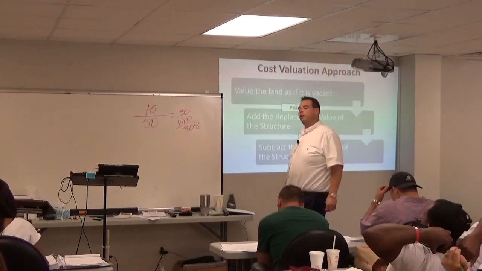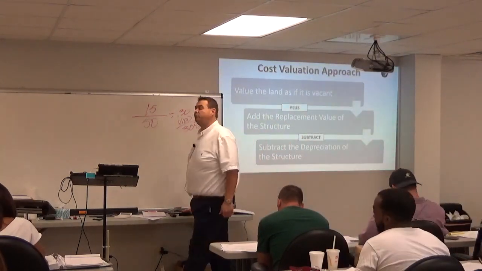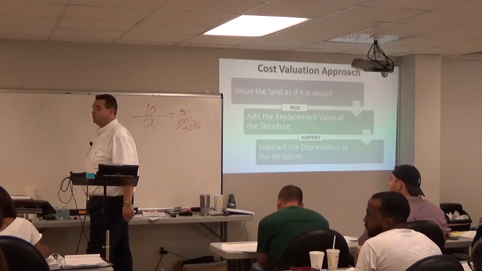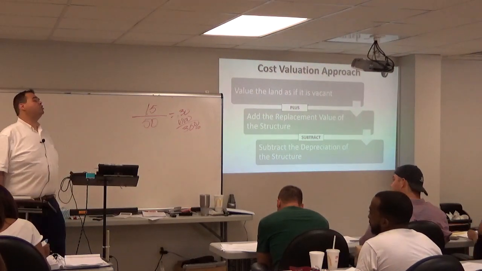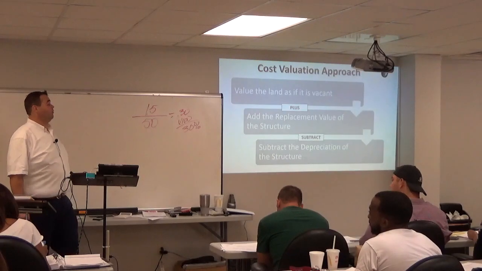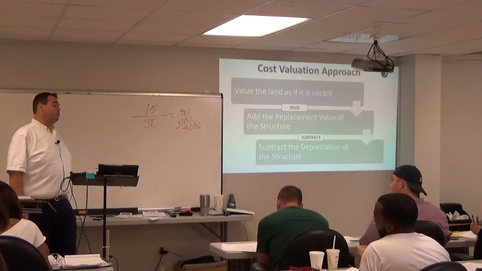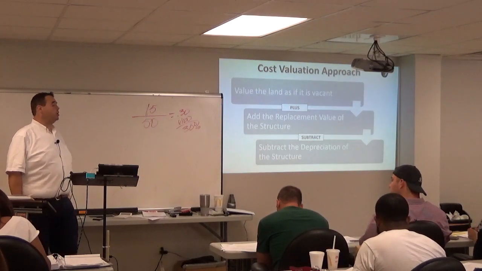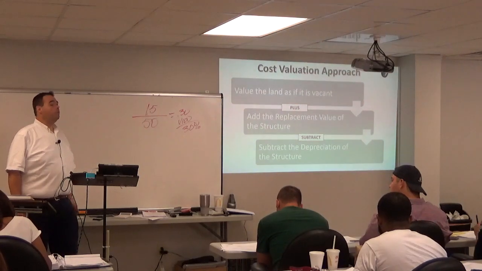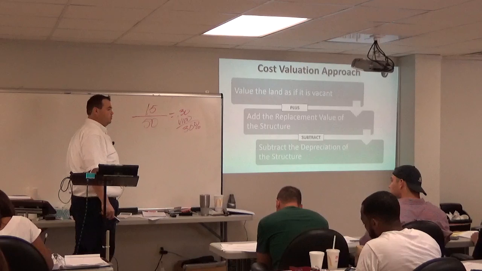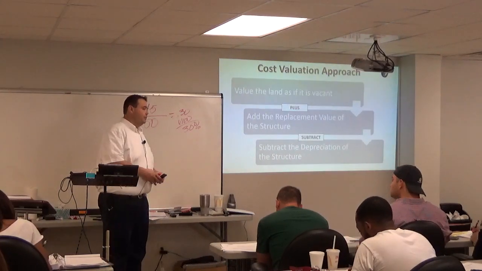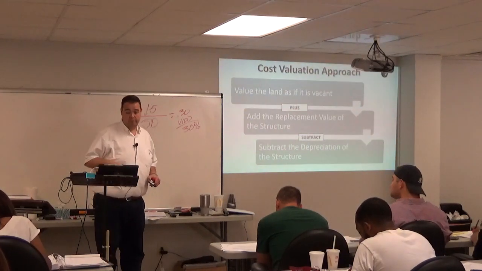You need to make sure you have those 3 steps, because if you have those 3 steps, you absolutely can't get this math question wrong. The math is going to be super simple here, but if you forget the formula, it's not. So it's the land as if it's vacant, plus the replacement value, minus the depreciation of just the structure, not the land. The land doesn't depreciate.